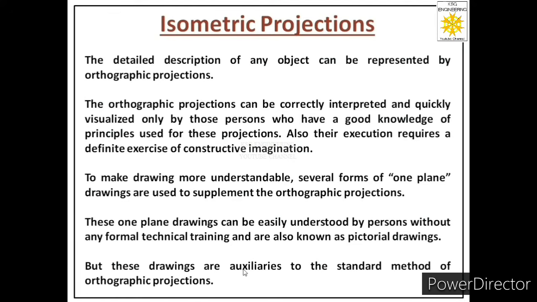But these drawings are only auxiliaries to the standard method of orthographic projections. That means if we have to convey the design to the manufacturer, the primary drawings are orthographic projections. So these isometric drawings are acting as auxiliaries to the orthographic projections.